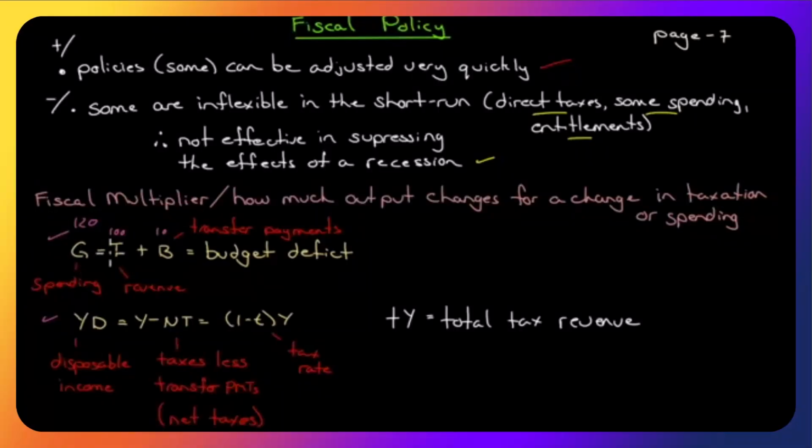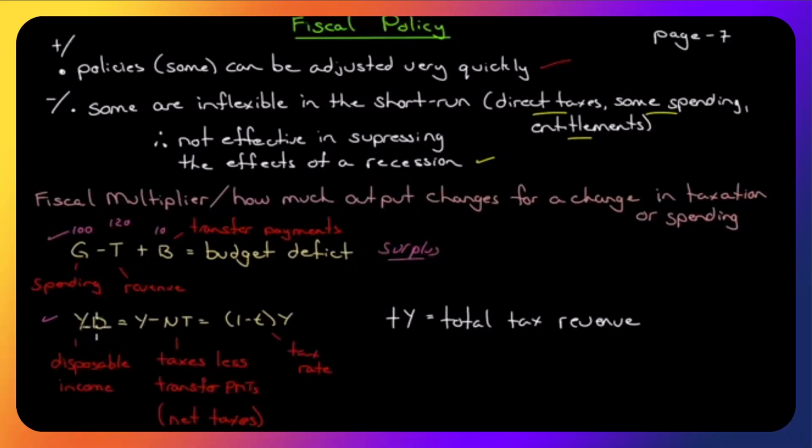So we have 120 minus 100 plus 10 is 30. You'd have a budget deficit of 30. If we reverse that, just so that you can see what happens when we have a negative sign, let's imagine that spending was 100, revenue was 120, and transfer payments were 10. You'd have negative 10. Well, a negative deficit is a surplus, right?